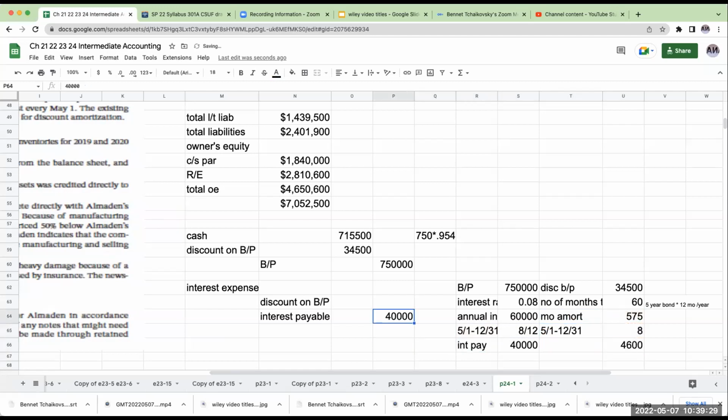So over here, my discount on bond payable is going to be amortized by 4,600. So my interest expense would be 44,600.